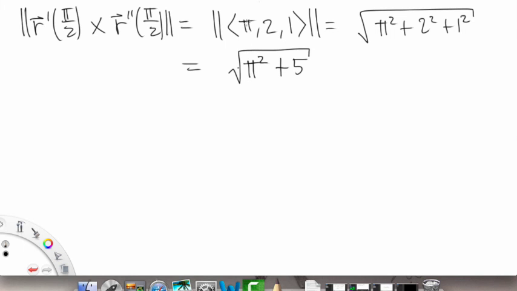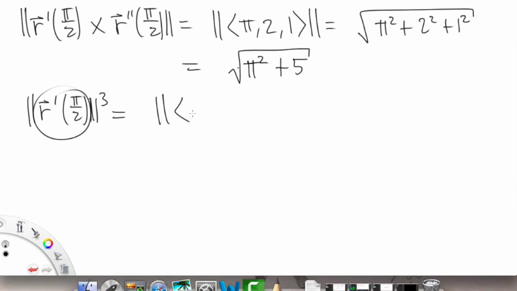And now for the bottom portion, all we have to do is find the following. We're going to take whatever we got for our r prime evaluated at pi over 2, take the magnitude, and raise it to the third power. The vector that we obtained was negative 1, 0, and pi. So to take the magnitude, we square each component, right?